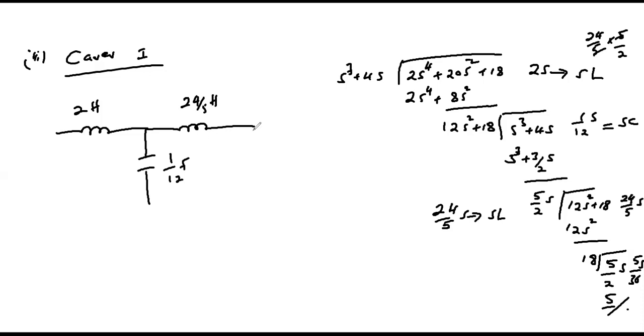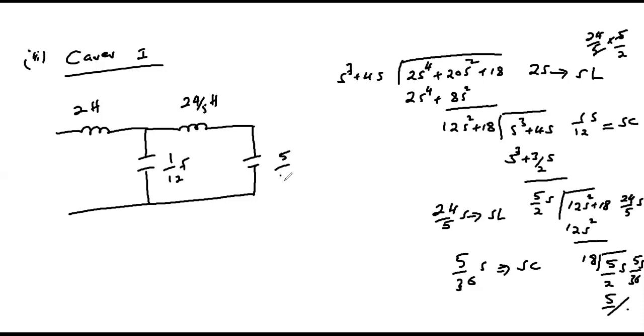And lastly, we have a capacitor, and because we have 5 over 36S, we are comparing this with SC, the capacitance is 5 over 36 farads. And this becomes the Cauer 1 form, or the canonical form of the implementation of the LC network.